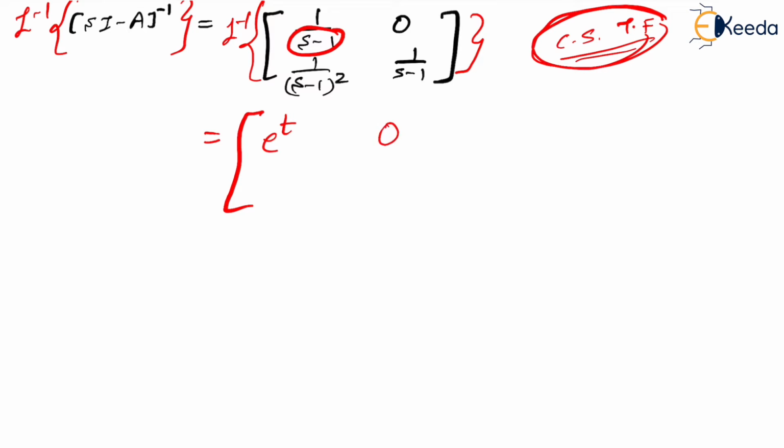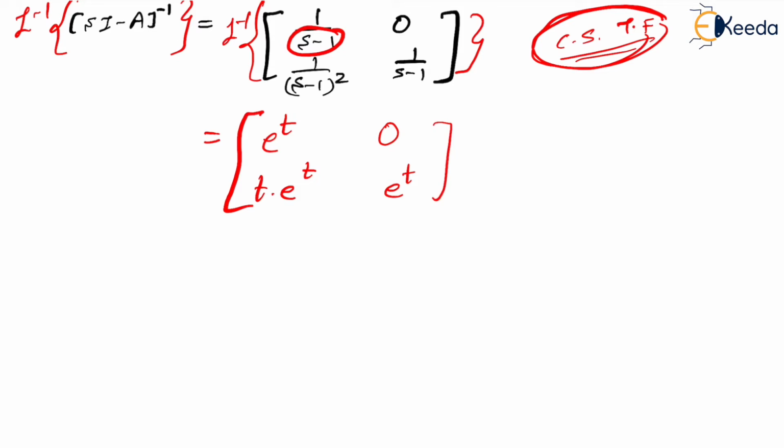Anyway, this is e to the power At. 0 is 0, 1 upon (S minus 1) the whole square is nothing but t into e to the power t, and 1 upon S minus 1 is nothing but e to the power t. Because at this particular stage, after learning everything regarding the transfer function, Laplace transforms and all, doing the same thing again is of no use.